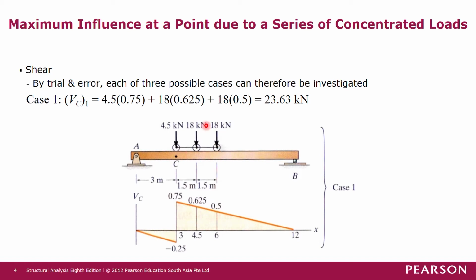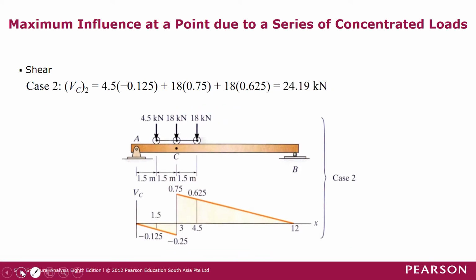Then case number 2, we look at when this 18 kilonewton force is just to the right of C, so it hasn't passed through C yet. It's just about to pass through C, and it's still on the right hand side of C. With this arrangement of load, we determine the ordinates on the influence line for each force.